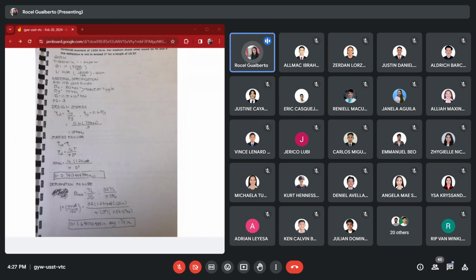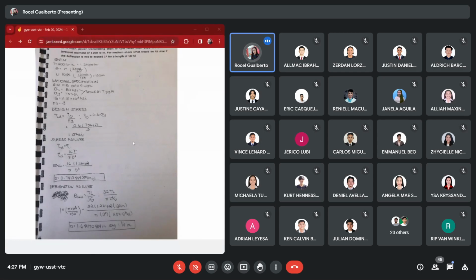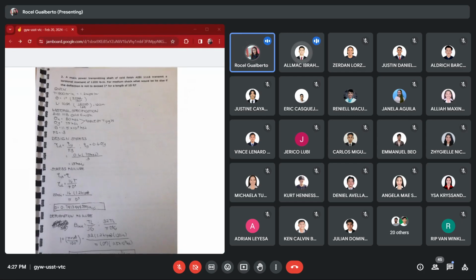Okay, Reniel, pasuyo, paki-discuss po natin yung solution natin. Hindi po lang po maririnig po kahit po kami, sira po ang mic.